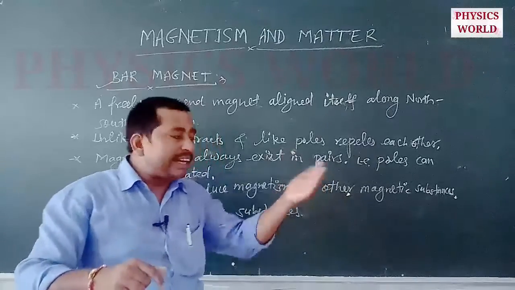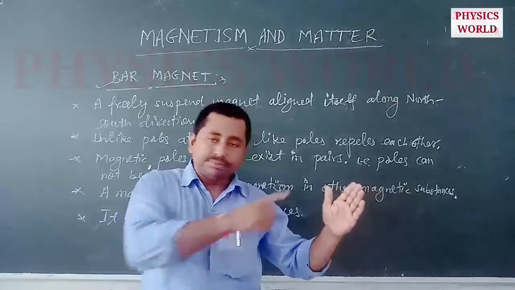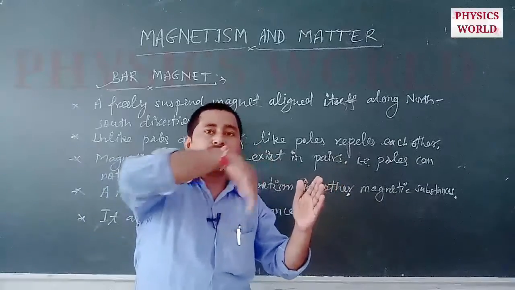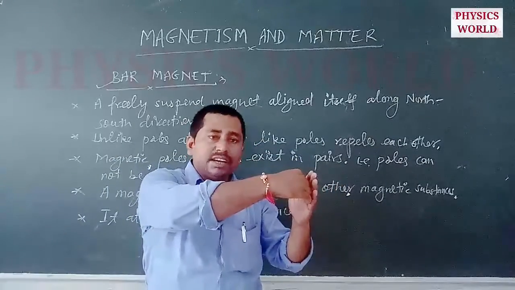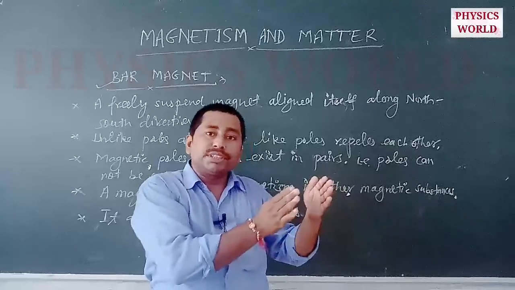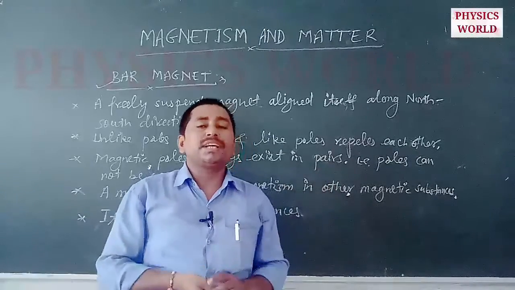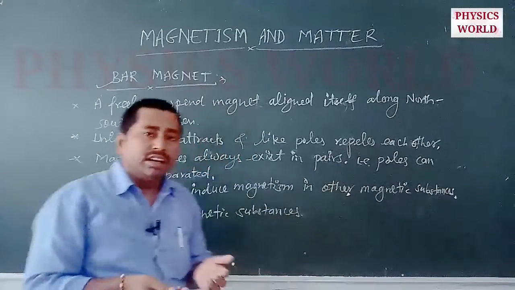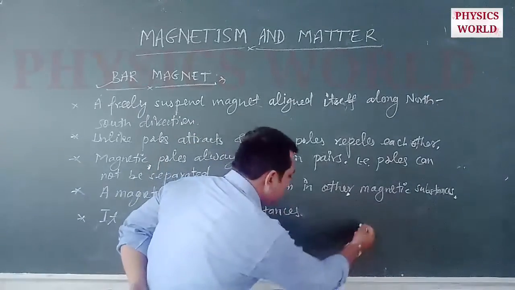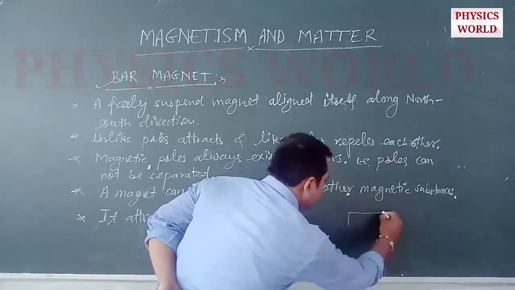So if we place another bar magnet towards the second portion of the magnetic substance, then the north pole of the bar magnet repels this magnetic substance, and this test confirms that the magnetic substance is magnetized. It can be understood by a simple diagram.